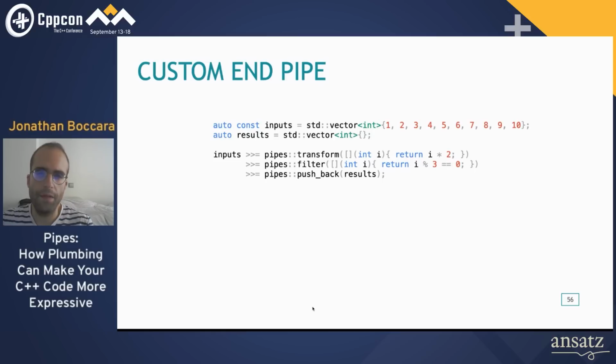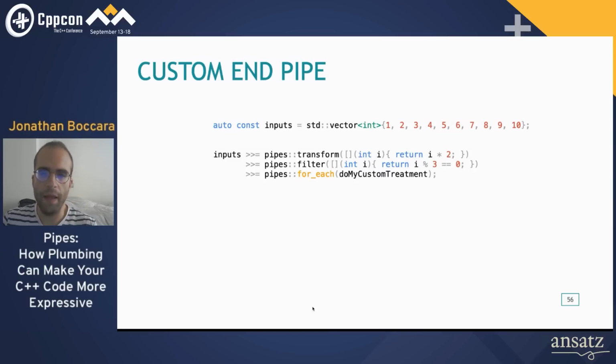And so we've seen push_back to insert in a vector, but imagine that you don't have a vector, but you have a legacy collection. It would be a shame not to use the STL or ranges or pipes or any modern alternative to work on collections, just because your destination is some legacy code that doesn't have a nice interface of push_back, for example.